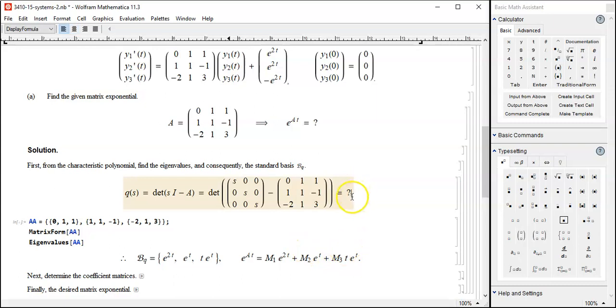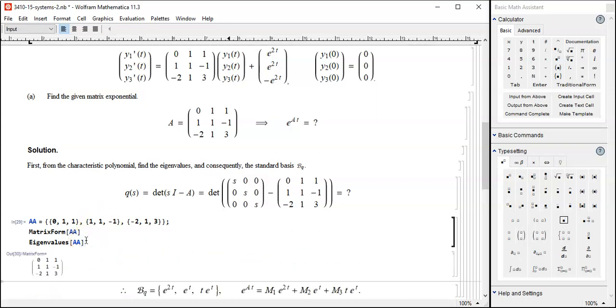And oh, okay, I did not bother doing that. I left it as an exercise problem. But if you do it right, you're going to get this: e to the 2t power, e to the t power, and t e to the t power. The eigenvalues are 2, 1, 1.